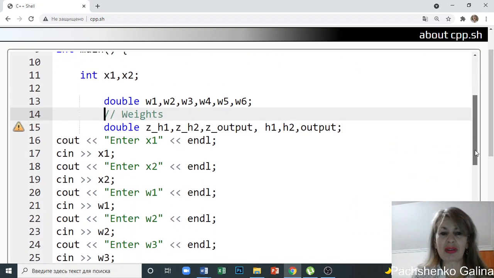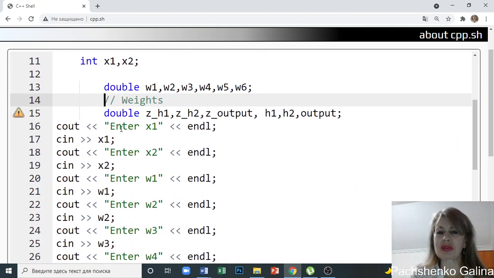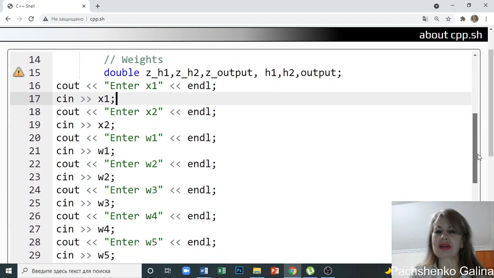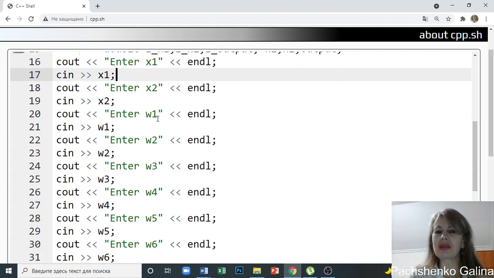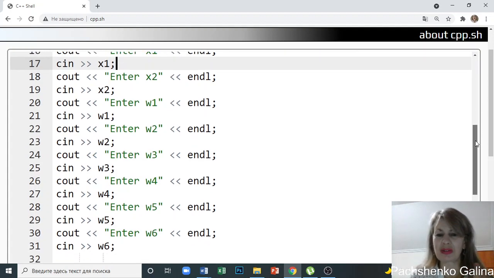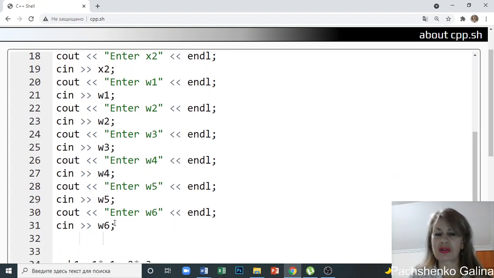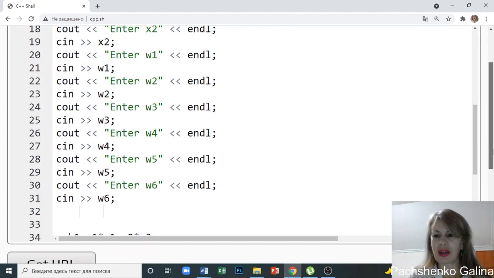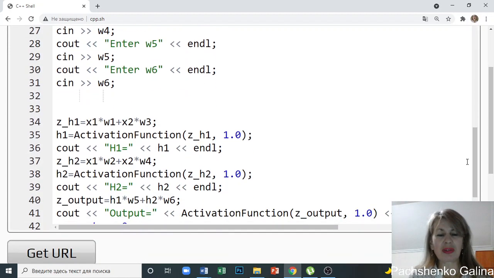And here is the text for the user, enter x1, and I type my x1 from the keyboard, then enter x2, and I type my x2, then enter w1, my first weight, and so on, all the weights.